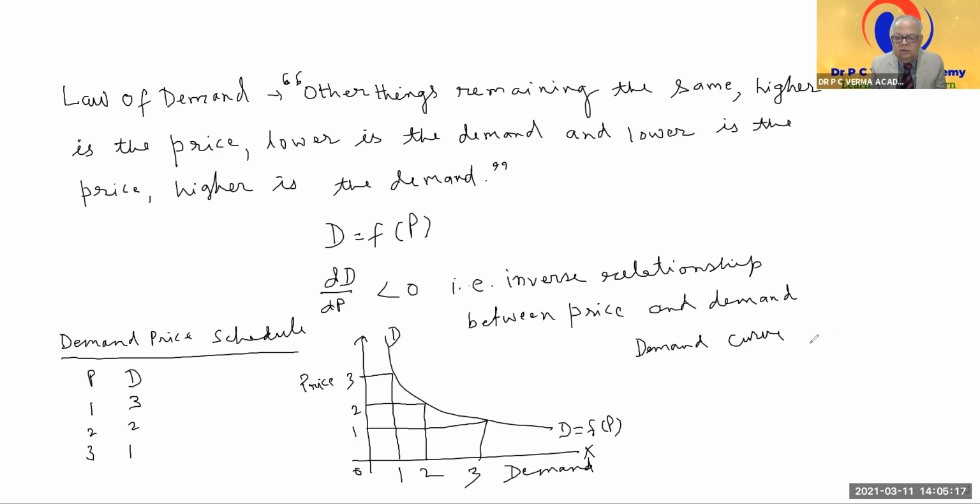Demand curve is downward sloping from left to the right.